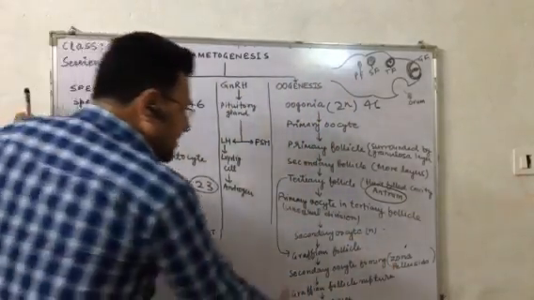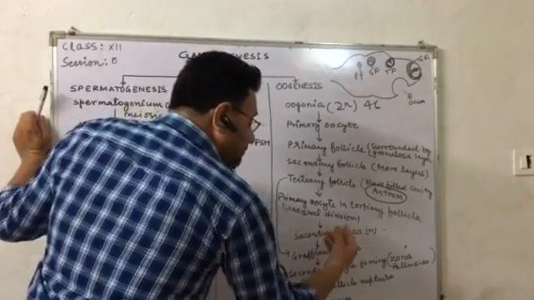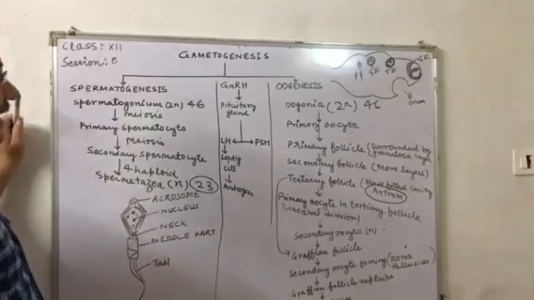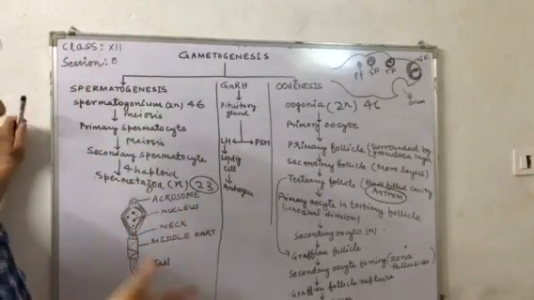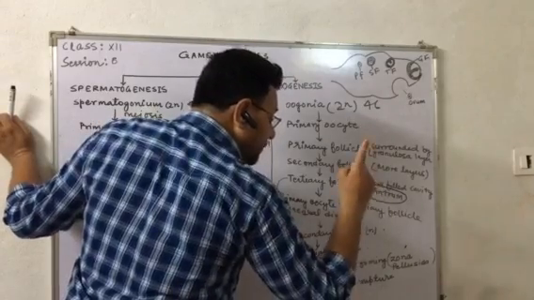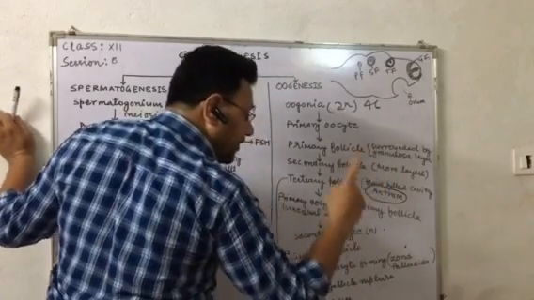Now this Graafian follicle will rupture, and after being ruptured, one new ovum will be formed.